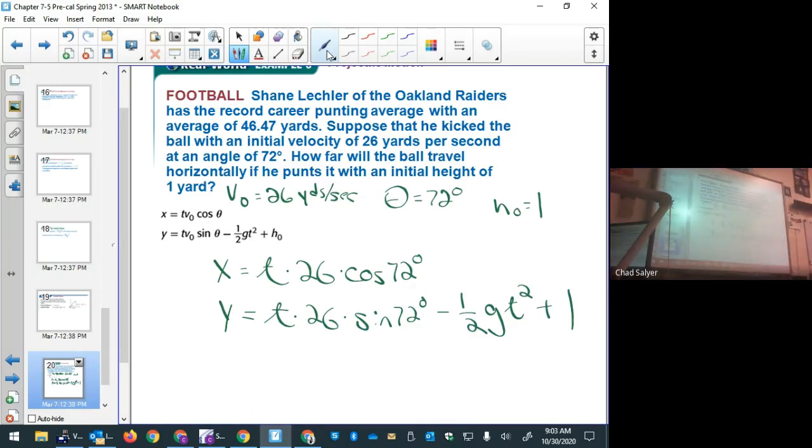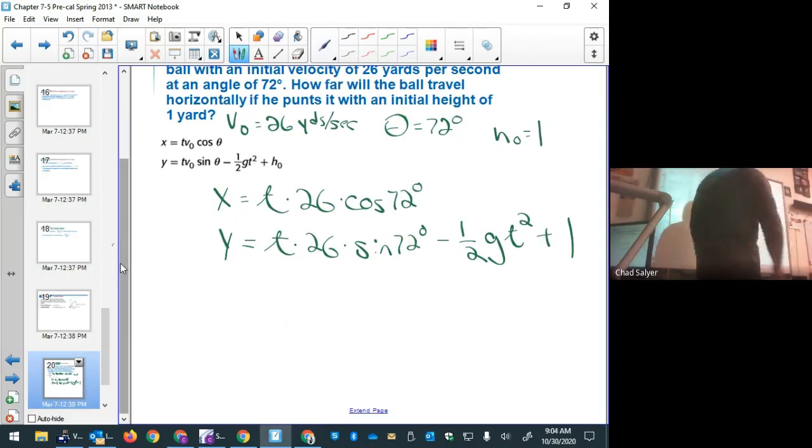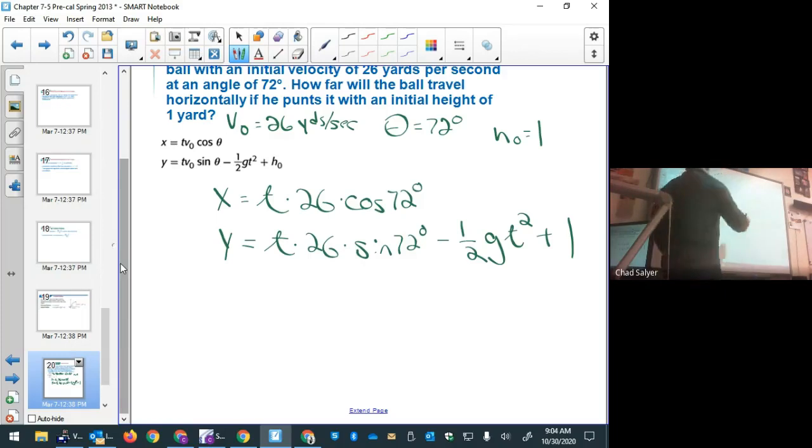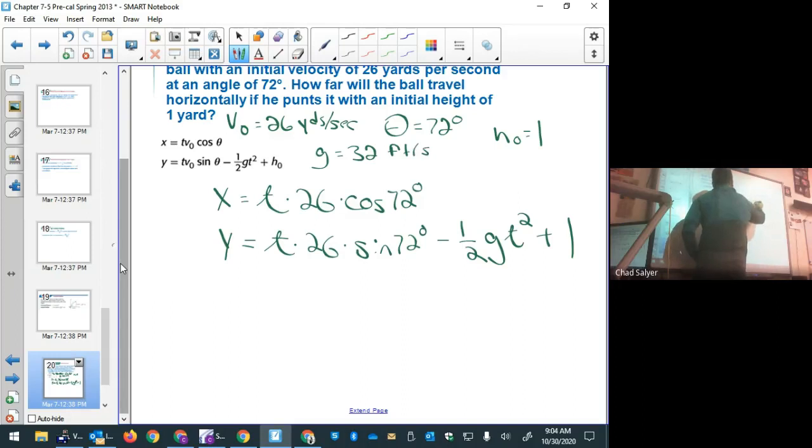Well, if I plugged in g as 32 feet per second squared, it'd be wrong. Why can't I use feet, at least at this step? What were the other measurements in? Yards. Indeed, so I've got to be consistent with my units. You will screw up a problem if you're not. So I know g is 32 in feet, but there's 3 feet in a yard. 32 feet per second squared is the force due to gravity.